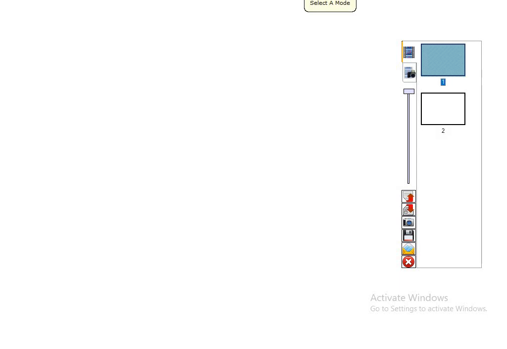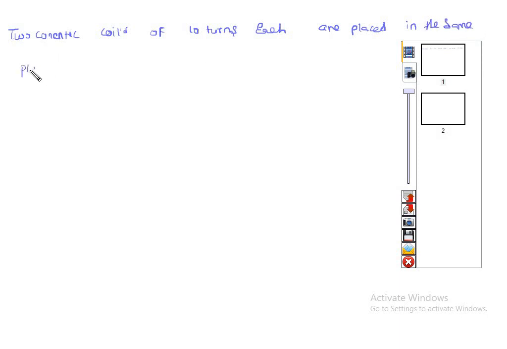The next question is two concentric coils of 10 turns each are placed in the same plane, the radii are 20 centimeters and 40 centimeters, and carry 0.2 amps and 0.3 amps current respectively in opposite direction.